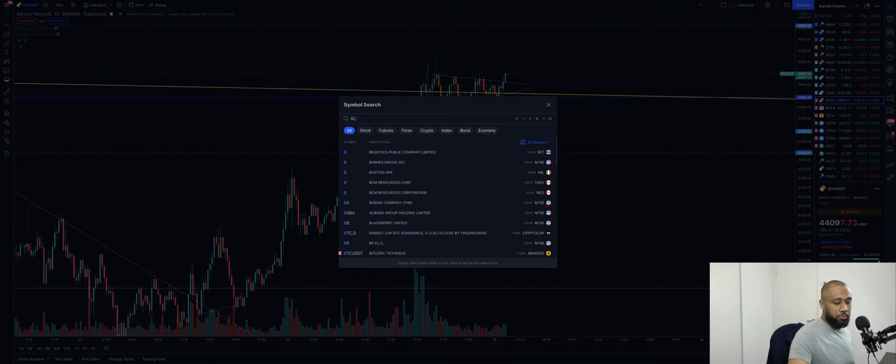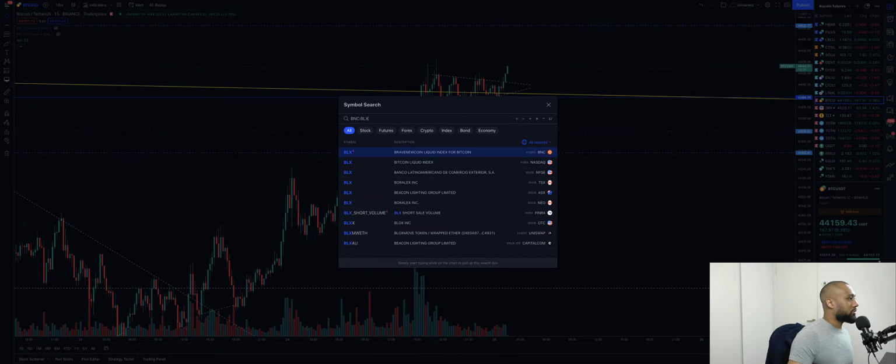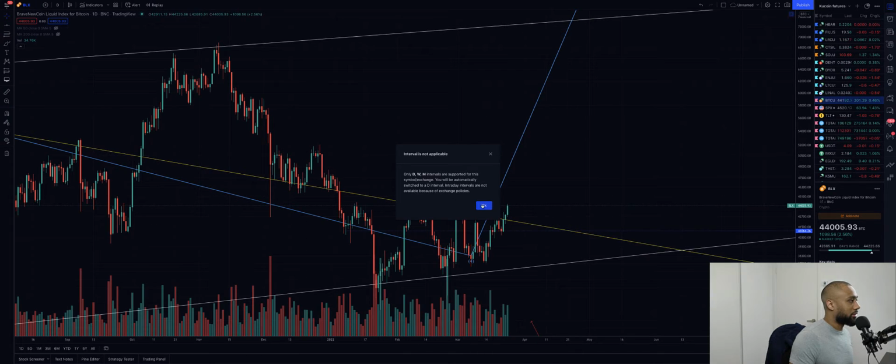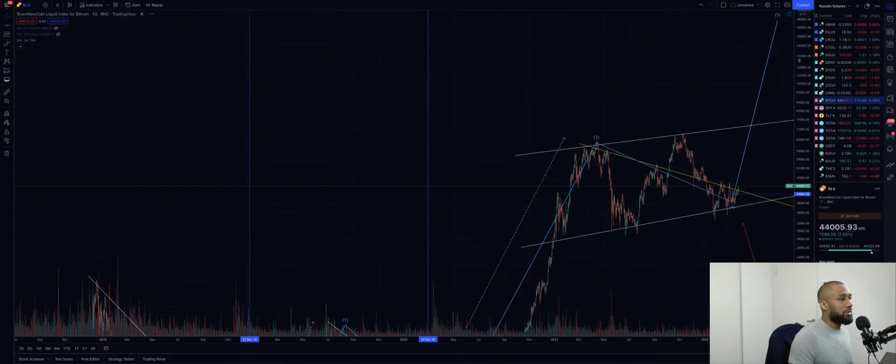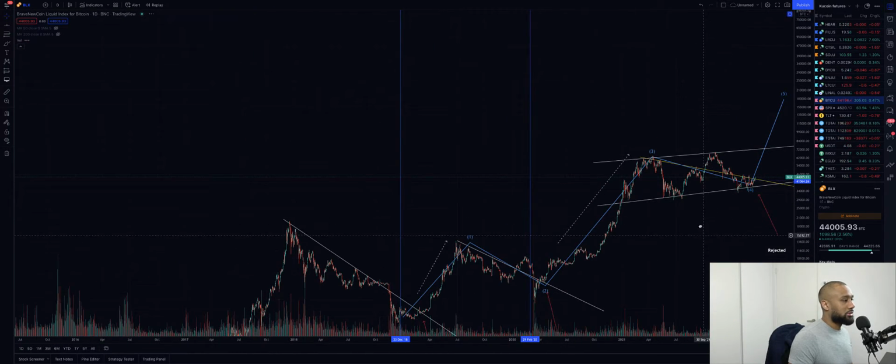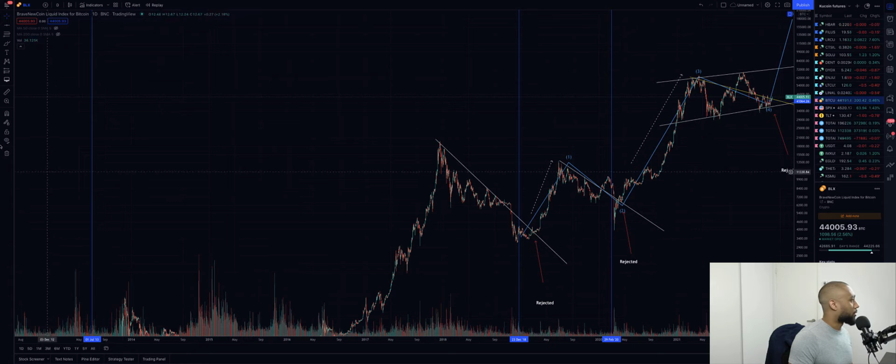But let's go to the BLX. And like I said, there is the Elliott wave theory. So if we look, we had our wave 1 here, came down for the corrective wave, impulse wave 3.